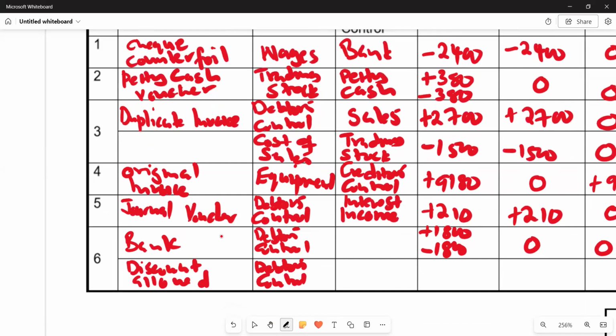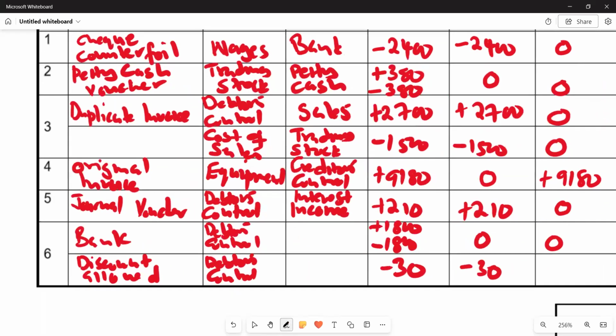But when we debited discount allowed, it's an expense, it's going to reduce the net profit. So it's a minus on the owner's equity here, minus 30. And we credit the debtors control as an asset. When we credit an asset, it's a minus, so it's a minus 30 again. So this was the last transaction that we have. And then on the last part there's no effect, so you're going to put a 0.